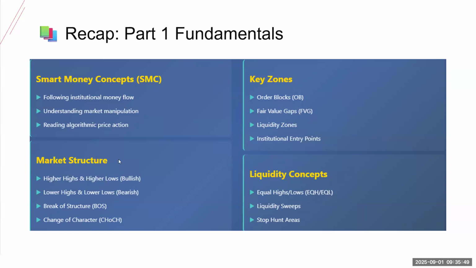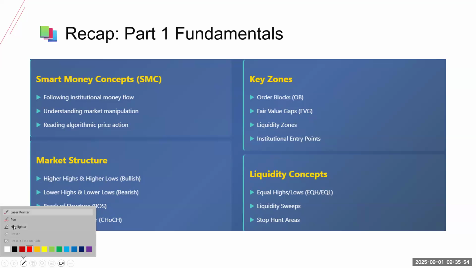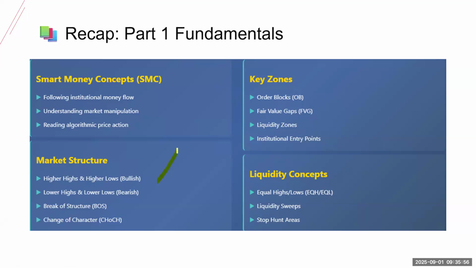And market structure: if price is bullish, price is going to make a higher high, higher low, higher high, higher low. We know that's bullish. If bearish, price makes a lower low, lower high, lower low, lower high, right?